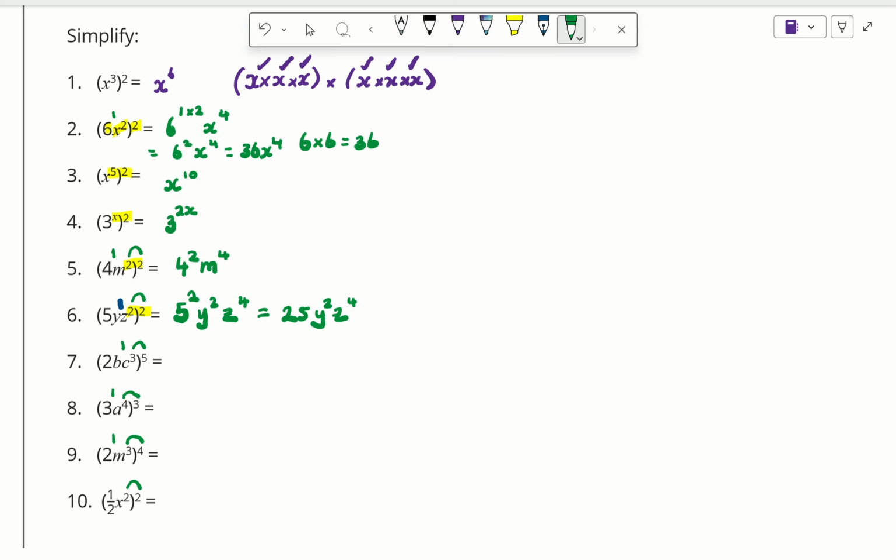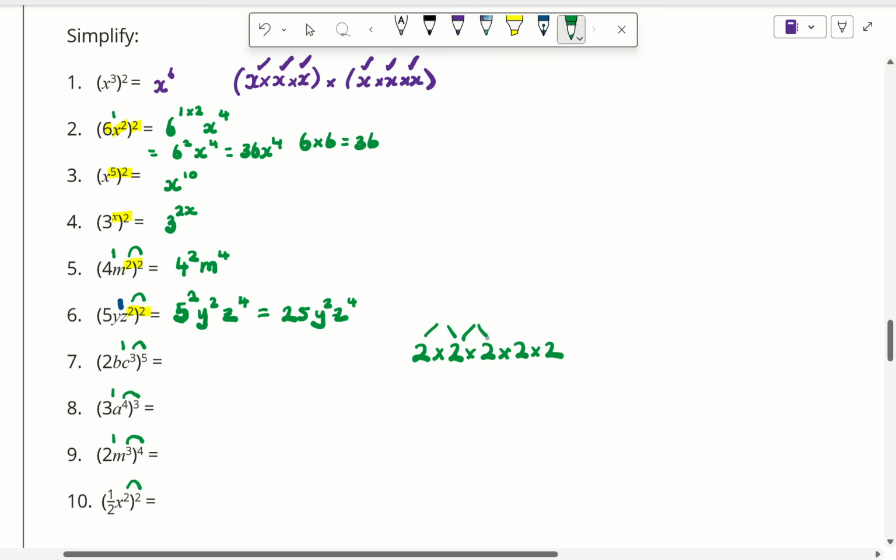2 to the power of 5, we might need to do that over here, without a calculator. It's 2 multiplied by itself 5 times. 2 twos are 4, times 2 is 8, times 2 is 16, times 2 is 32.